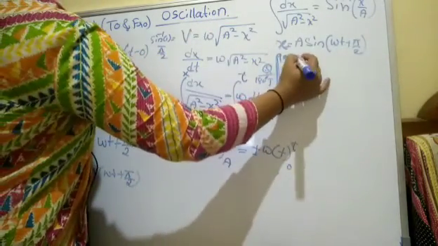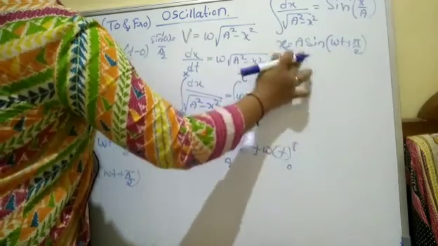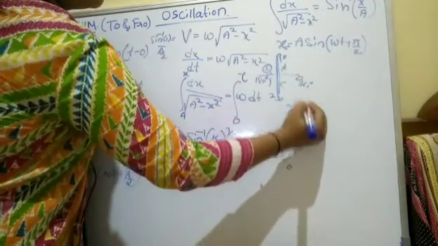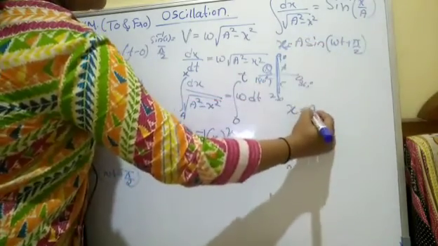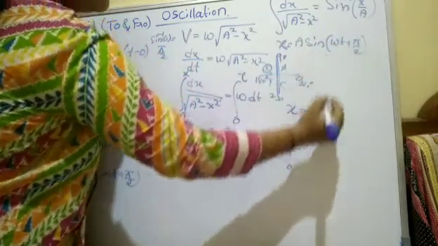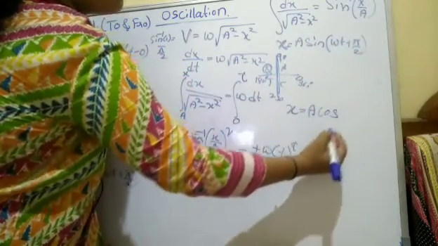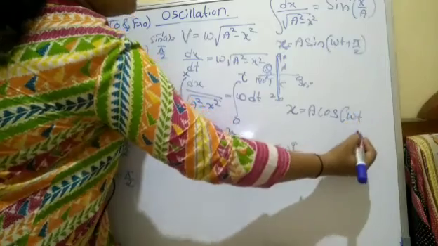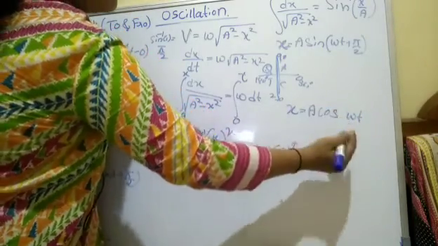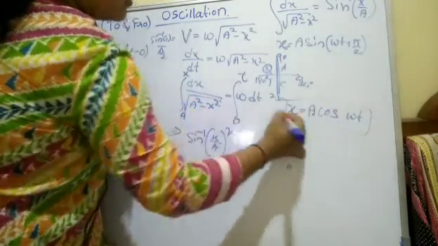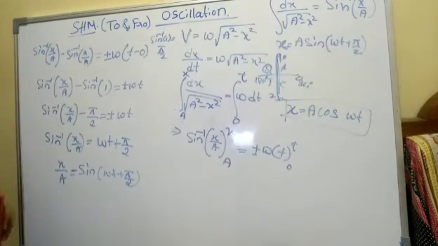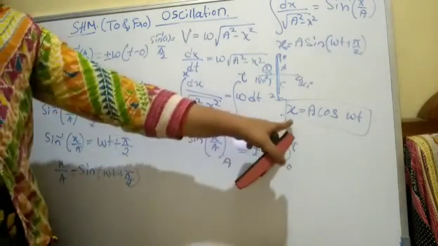That means x is equal to a will remain, sine 90 will change into cos omega t here. So what is this? Cos omega t here.